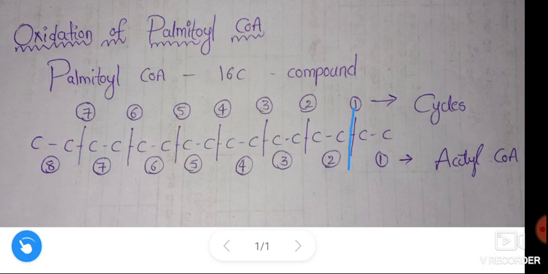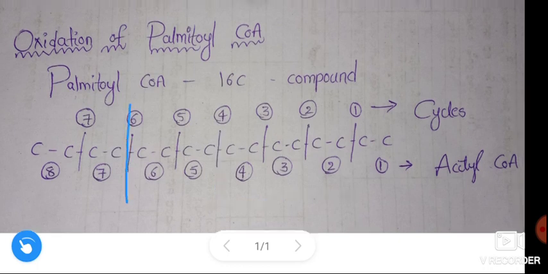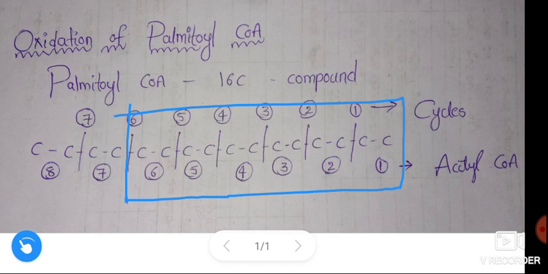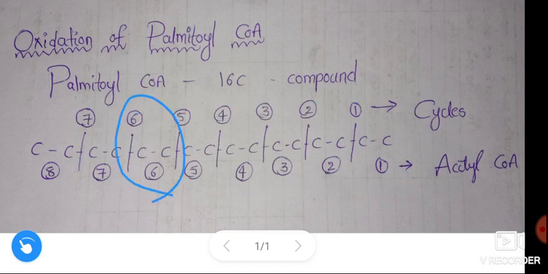In the first cycle, 1 acetyl-CoA is formed. After completion of 2 cycles, 2 acetyl-CoA are formed. After 3 cycles, 3 acetyl-CoA, after 4 cycles, 4 acetyl-CoA, and like this, after completion of the 6 cycles, 6 acetyl-CoA are formed.